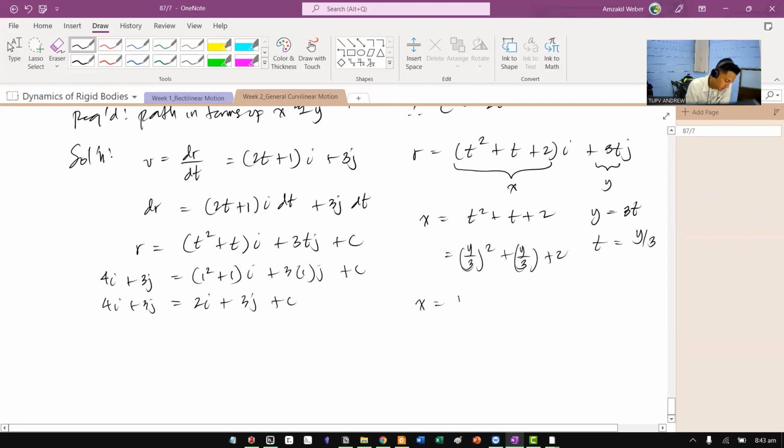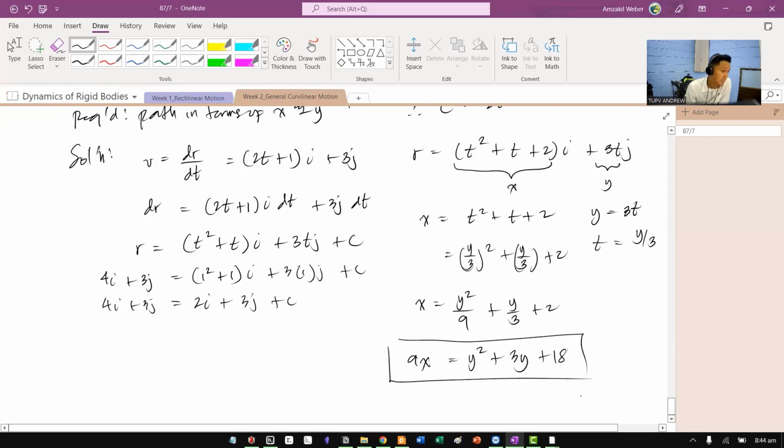This would be y squared over 9 plus y over 3 plus 2. Multiplying by 9, and x, sorry, x is equal to y squared plus 3y plus 18. So this is the path in terms of x and y, right? That is the path of the motion.